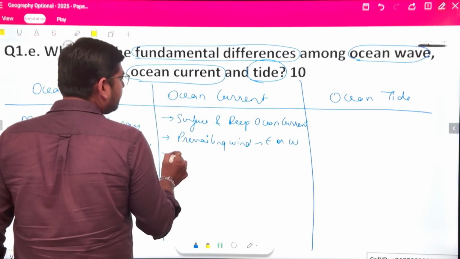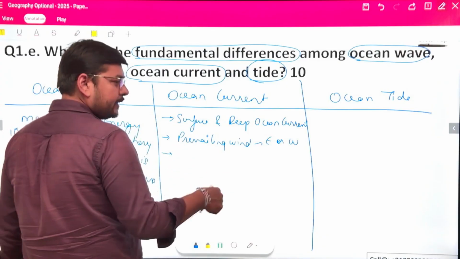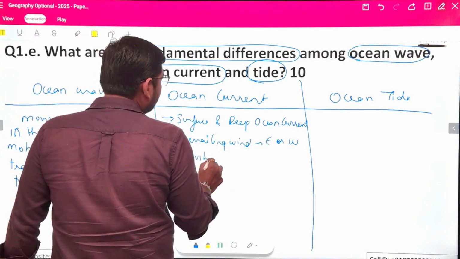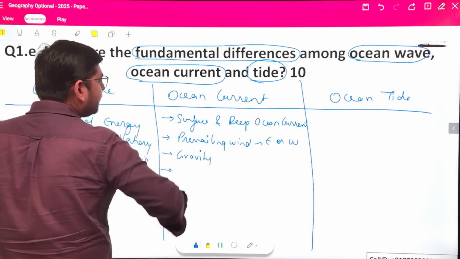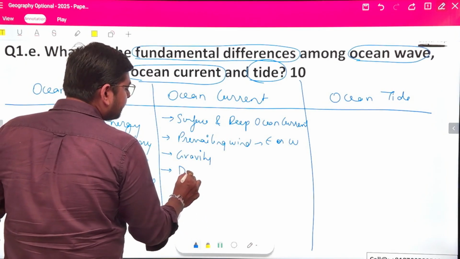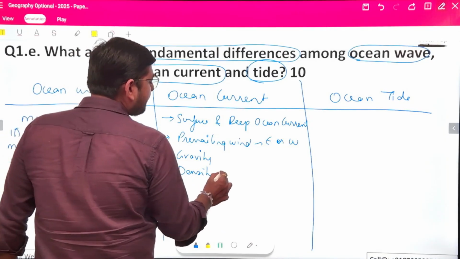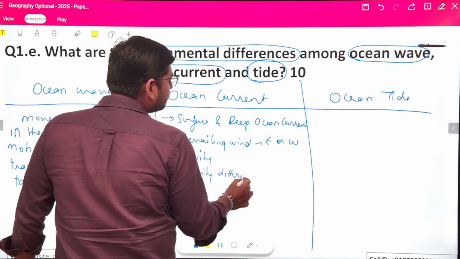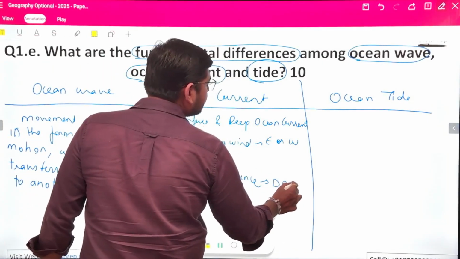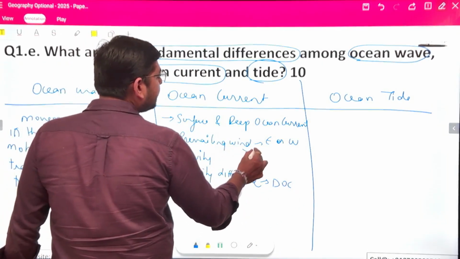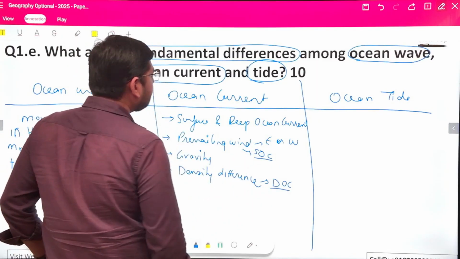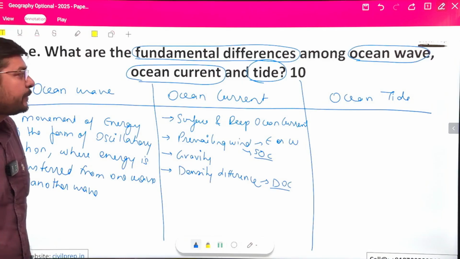In the second part we'll be seeing that they also occur because of gravity. In the third part we'll be seeing that they also happen because of the density difference. So under the density difference we have the deep ocean currents, and under the prevailing winds we have surface ocean currents. So we can identify this with respect to the development of currents.